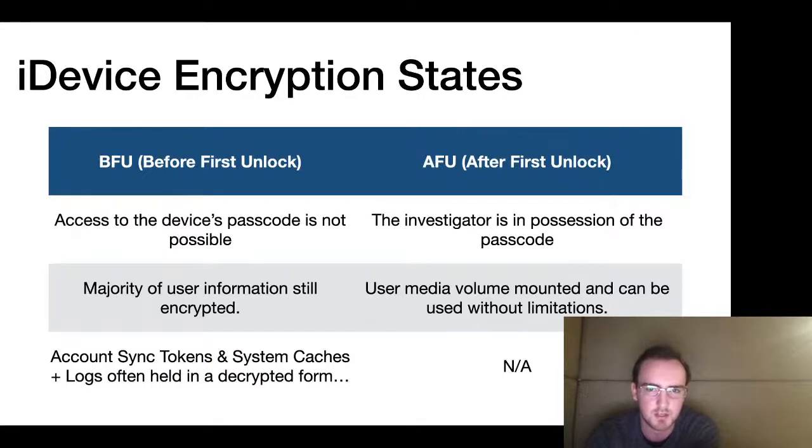There's no way that you're going to gain access to that data without software, or hardware really, from some providers, or using something like Cellebrite Advanced Services, where they will hold some exploits. The last point there is that account sync tokens and system caches and logs are often held in a decrypted form, because of course inherently logs have to be built before the device is fully unlocked. But it also allows access to previous logs sometimes, depending on which ones you're looking at, which can expose some sensitive user information.